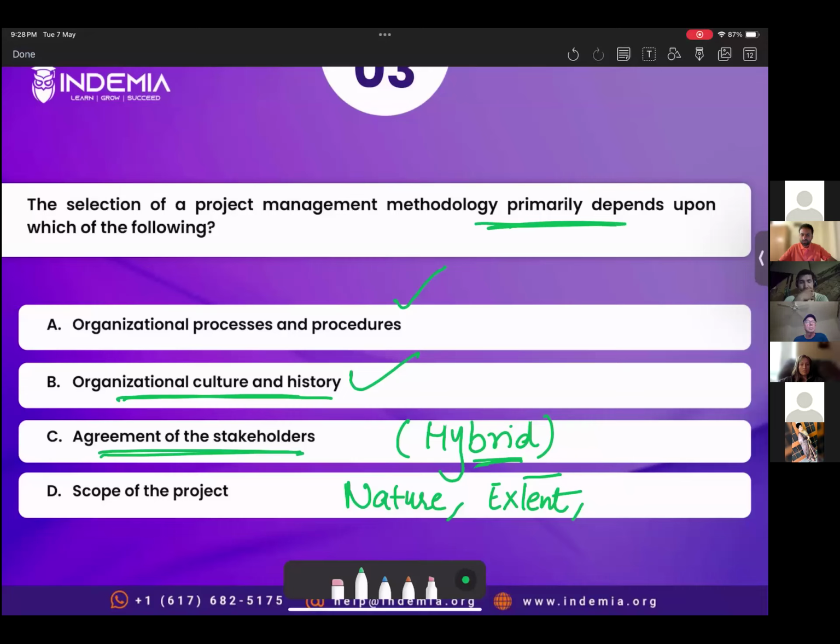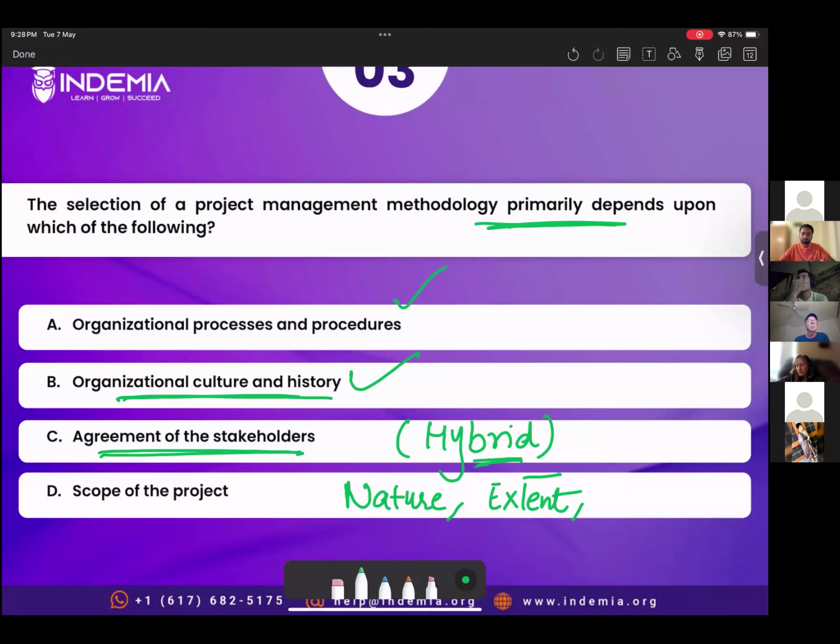If stakeholders are not agreeing, it doesn't mean we should not do the right thing. We should do the right thing, but for that, we need to educate stakeholders, inform them, and convince them. Yes, agreement is required, but on the right thing, not on anything.